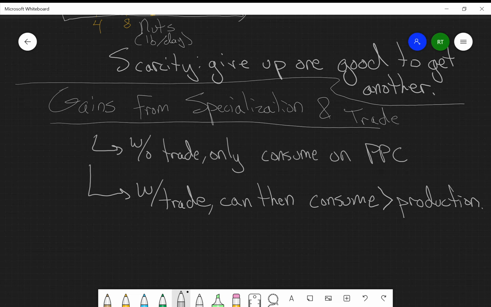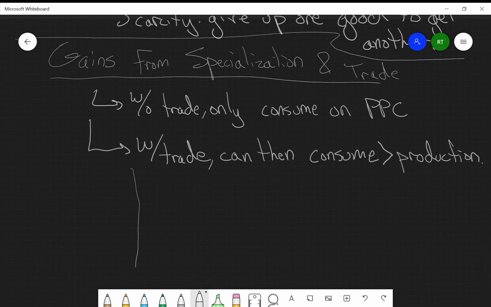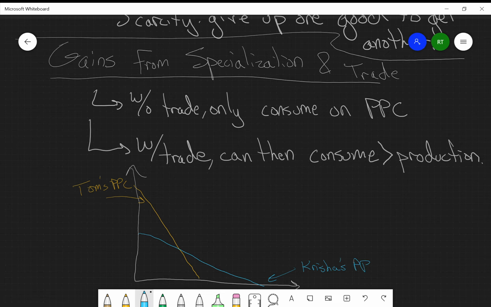And so the book does a nice little walkthrough of this in chart form, but really at the end of the day, the important bit to keep in mind is if this is Tom's production possibility curve, and if this is somebody else on the island, let's say Krisha, with trade, they can get a point that's out here.